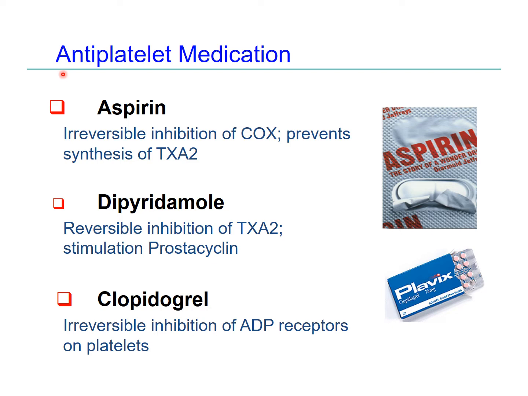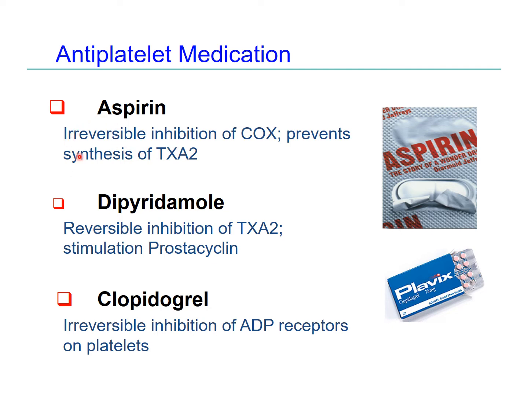So 5 antiplatelet agents are commonly prescribed to the patients. Aspirin, which causes irreversible inhibition of the cyclooxygenase pathway. So you would remember from your knowledge on the arachidonic acid metabolism during inflammation and release of chemical mediators of inflammation, that the phospholipid bilayer of cell membrane stores arachidonic acid, and it can be metabolized via two main pathways, the cyclooxygenase pathway and the lipooxygenase pathway.